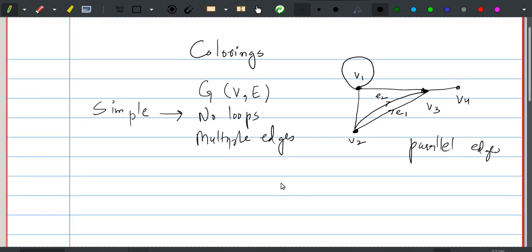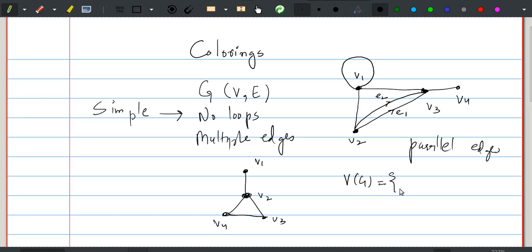Now let's consider this graph over here with vertex set V and edge set E. So this is the vertex set VG, which consists of these 4 vertices, say V1, V2, V3 and V4.